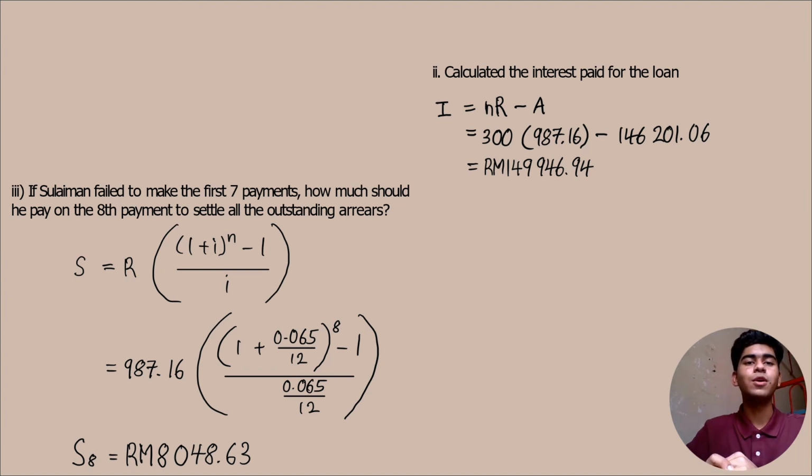So equals 987.60 multiplied by in bracket 1 plus 0.065 over 12 power of 8 minus 1 over 0.065 over 12 close bracket. So the answer is RM 8,048.63.